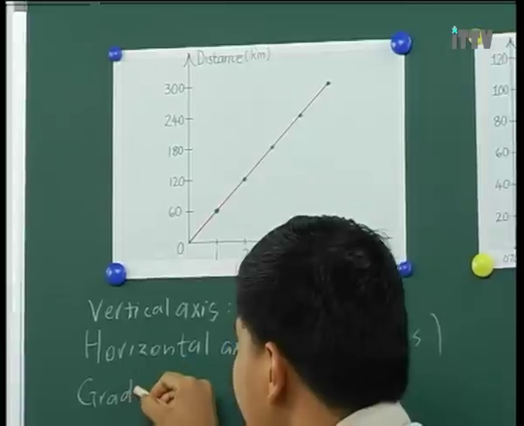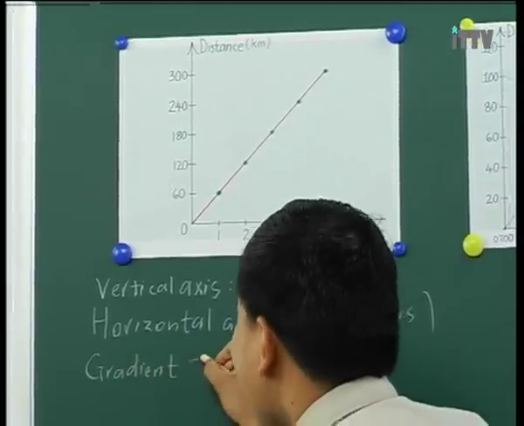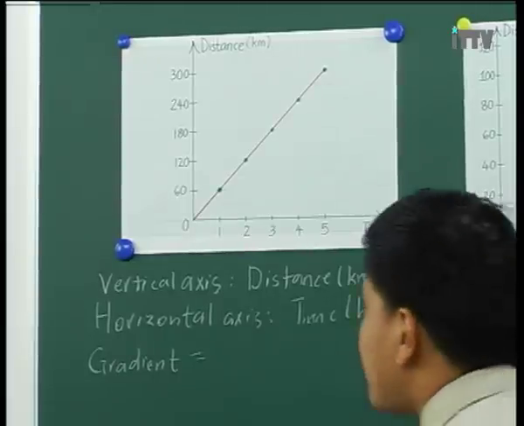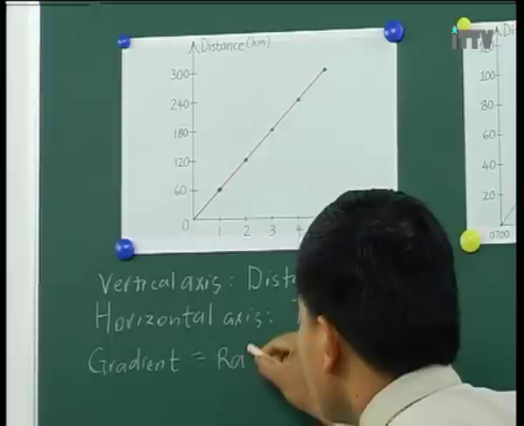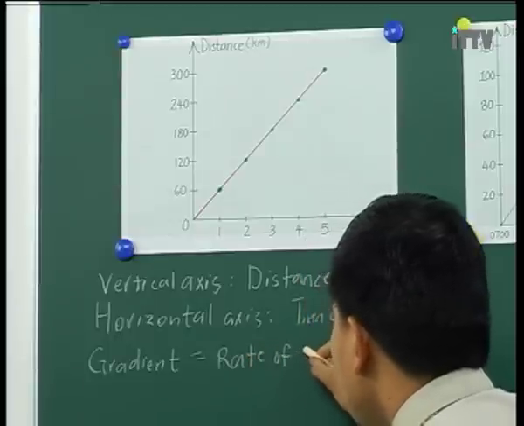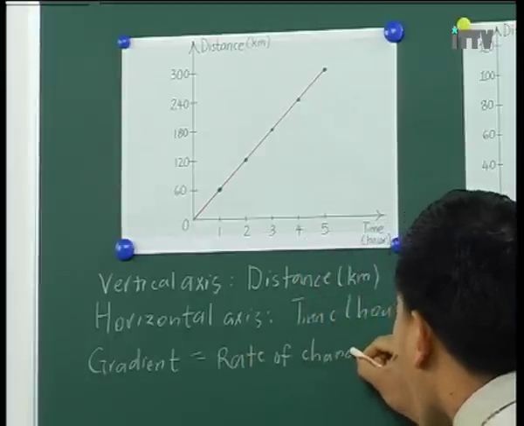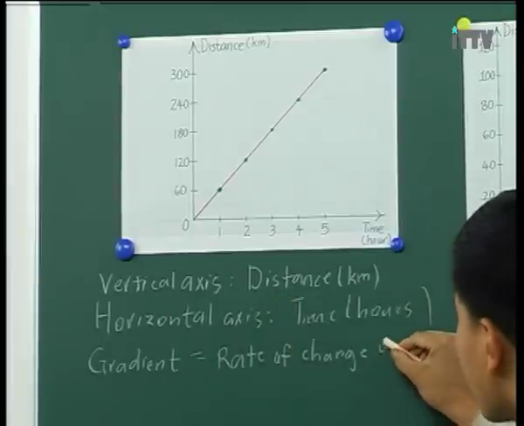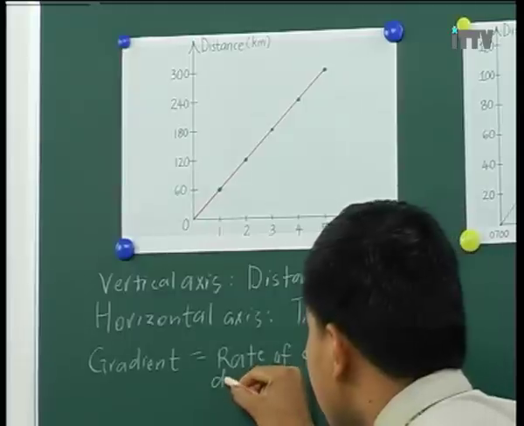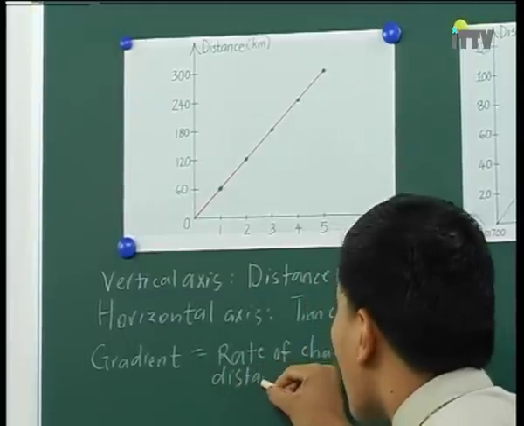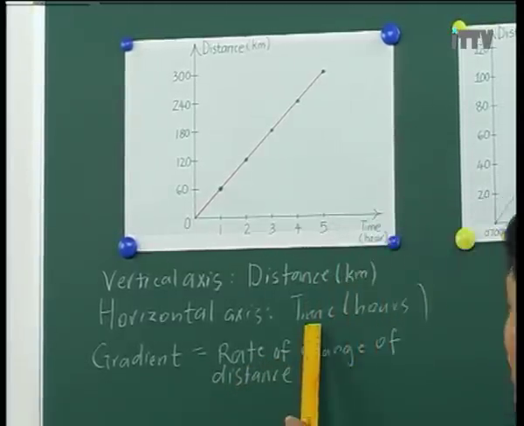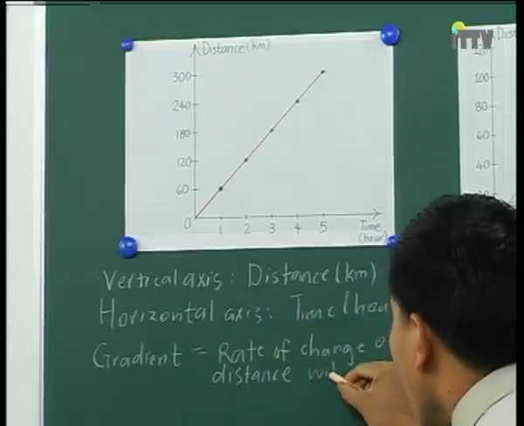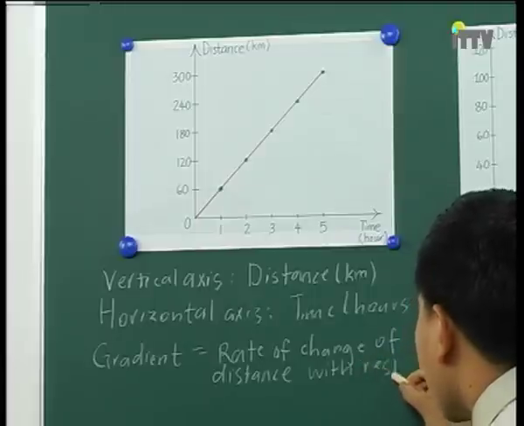The gradient of this graph can be represented by, remember the definition, rate of change must always be there. So it is the rate of change of the quantity on the vertical axis, which we know is distance, with respect to the quantity on the horizontal axis, which we know now as time. So rate of change of distance with respect to time.